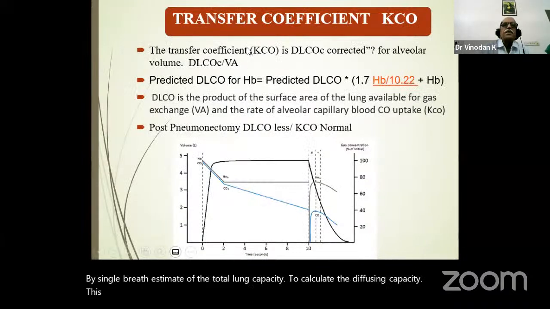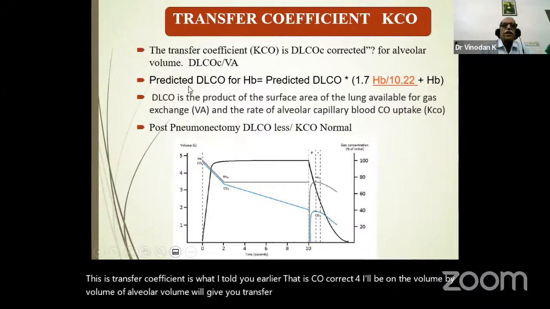This transfer coefficient is what I told you earlier. That is DLCO corrected for alveolar volume. DLCO divided by alveolar volume will give you the transfer coefficient.